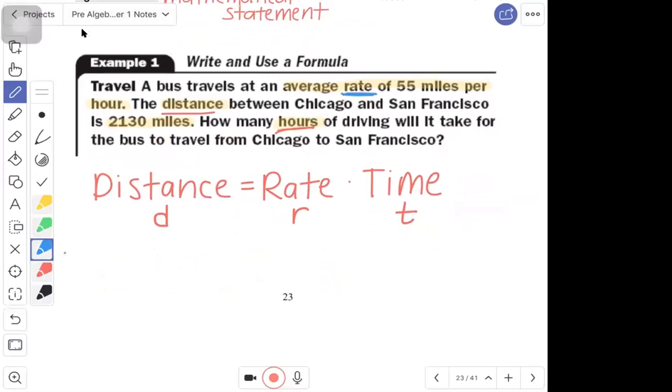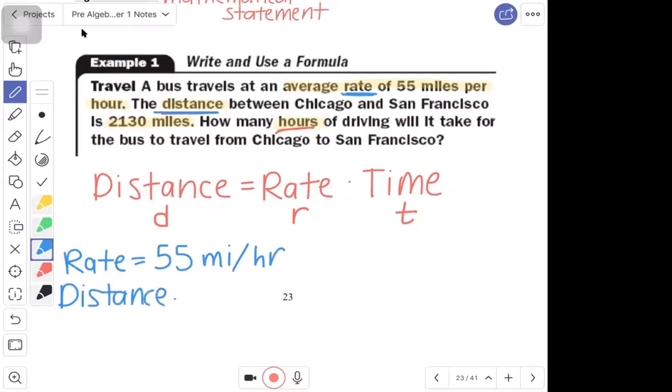So let's write our rate to equal 55 miles per hour. And next, they said our distance is 2,130 miles. And they want to know how many hours. So we're solving for our time here.